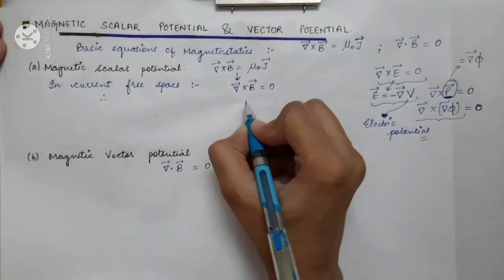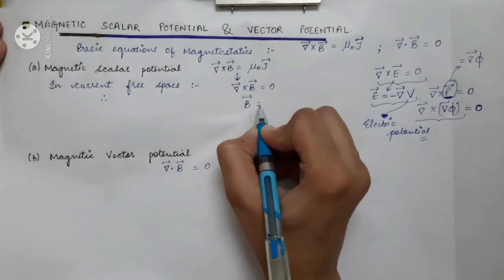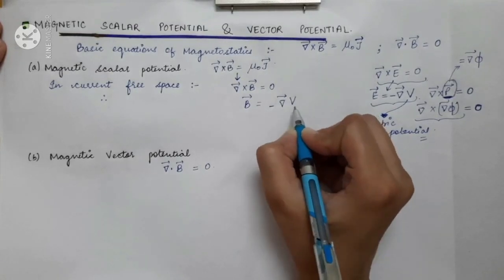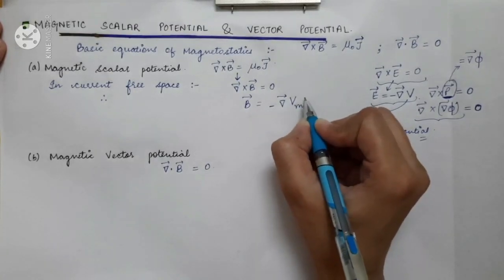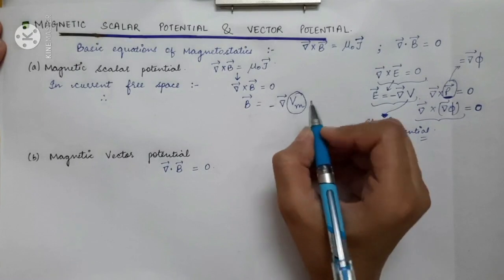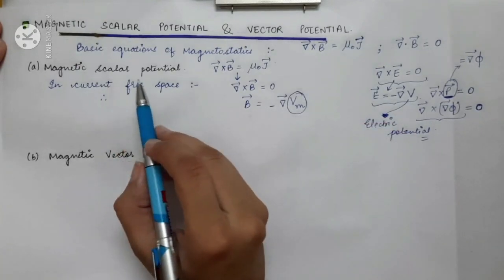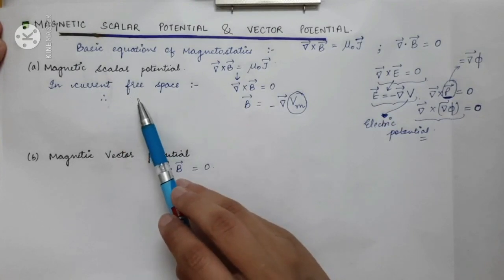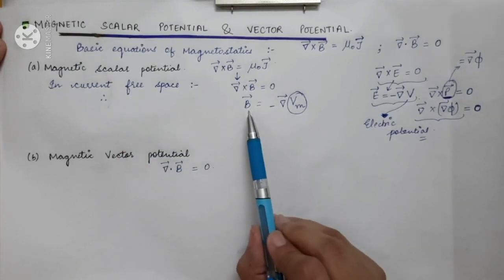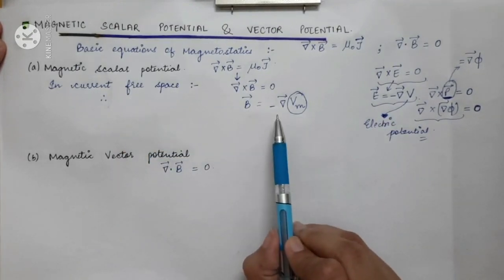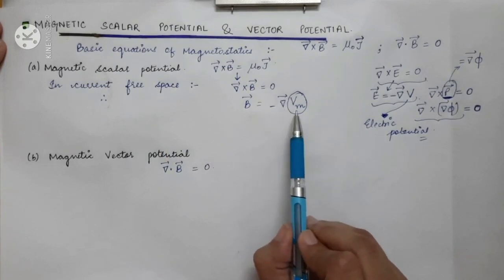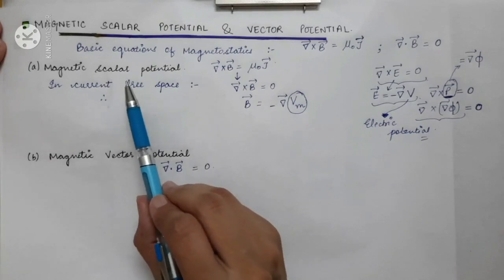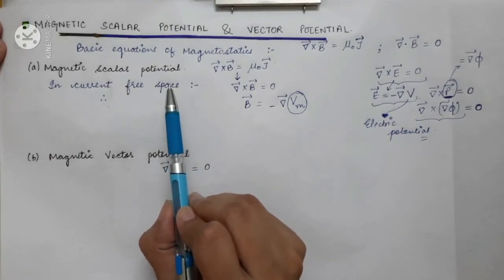So the magnetic field in that case can be written as negative of gradient of a scalar function, and this scalar function is known as magnetic scalar potential. So at points where there is no current, magnetic field can be written as negative of gradient of a scalar function, and that scalar function is the magnetic scalar potential.